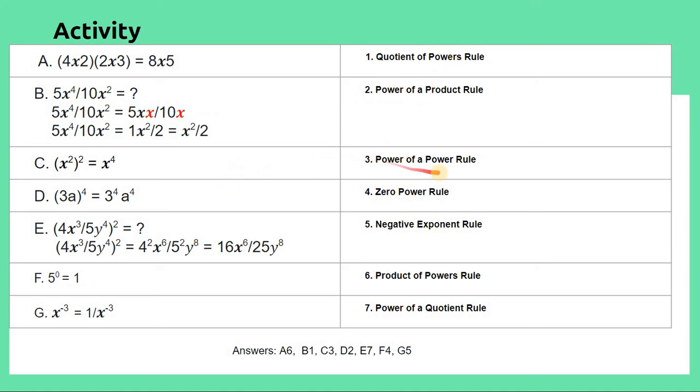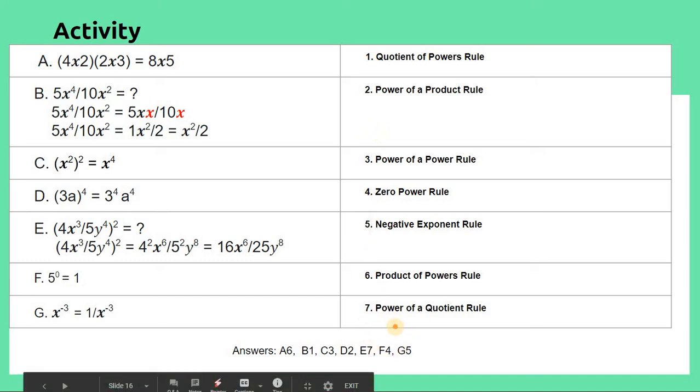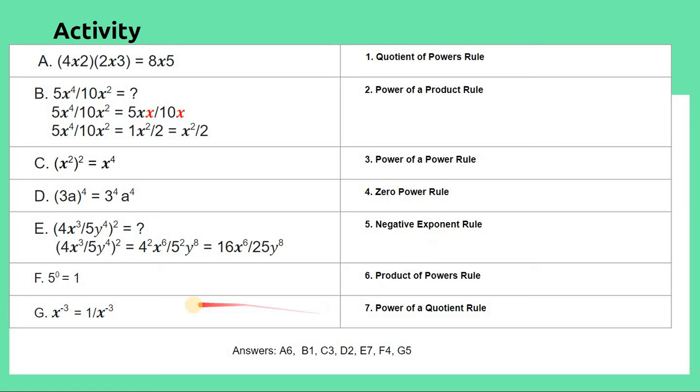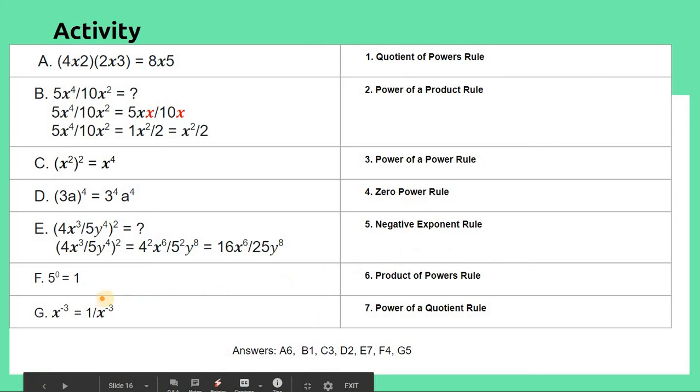C is power of a power rule. D is power of a product rule. E is power of a quotient rule. And then F is negative exponent rule. And G is negative exponent rule. And yung F is zero power rule.